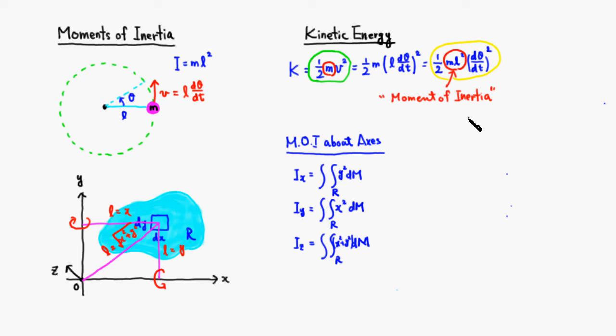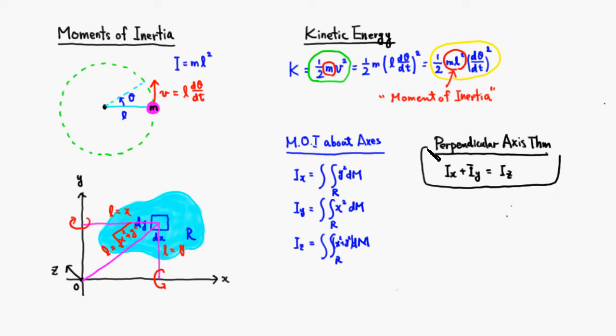The perpendicular axis theorem basically states what I've just said: I sub x plus I sub y is equal to I sub z.